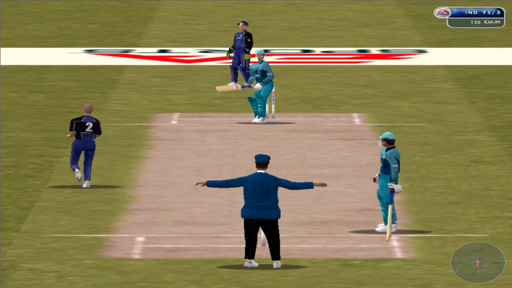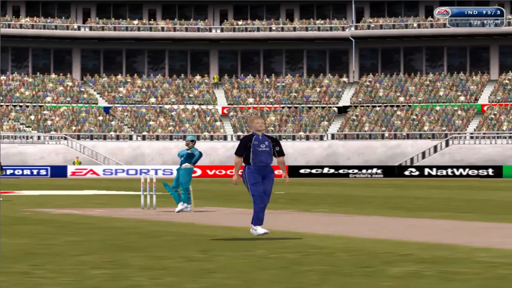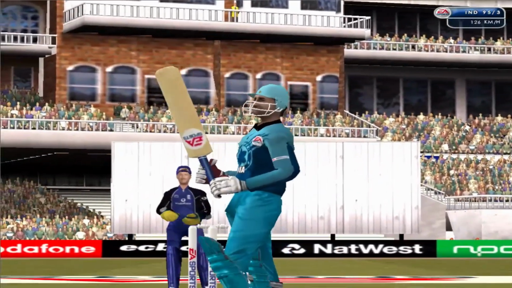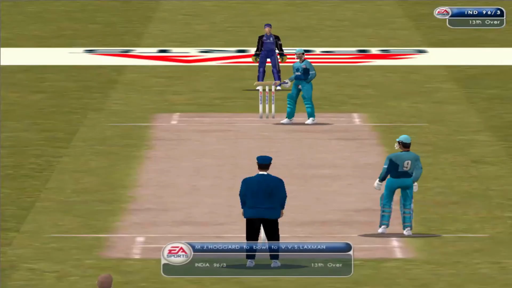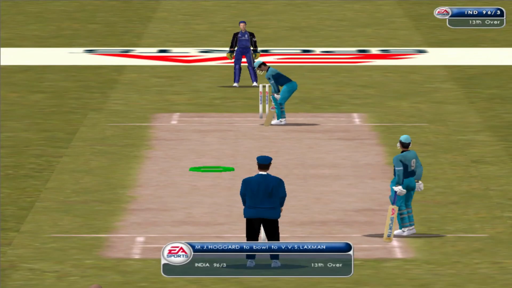That bouncer had him in a great deal of difficulty. That was an excellent bouncer. The batsman didn't look at all comfortable. 3 now for 96. Hoggard continues.